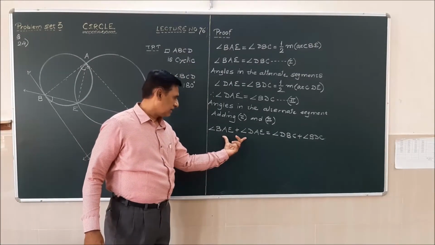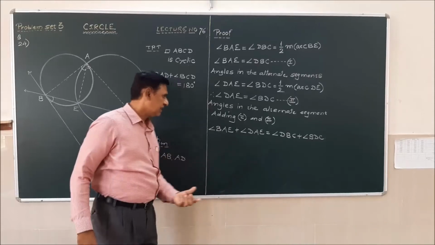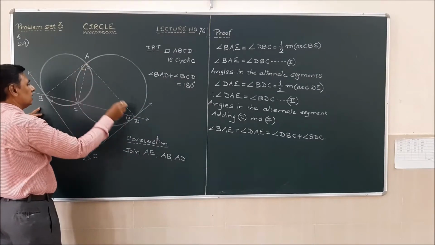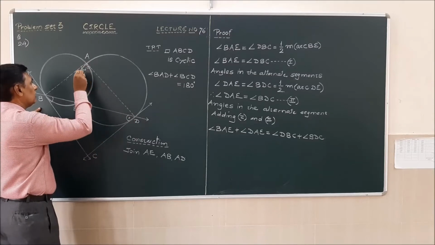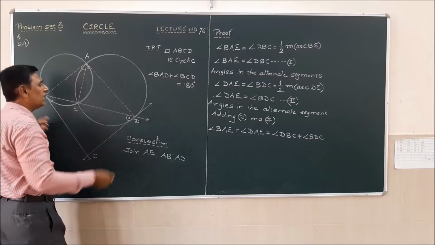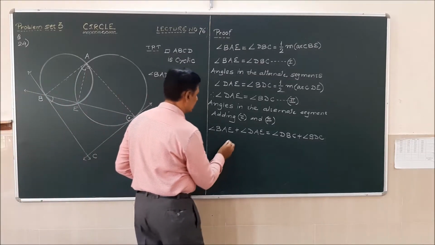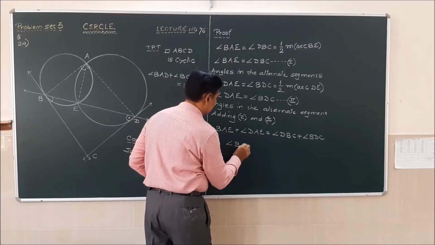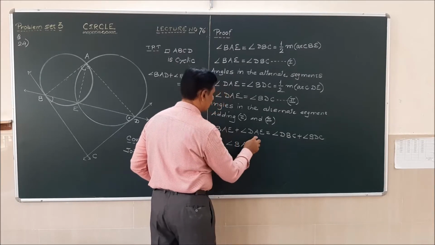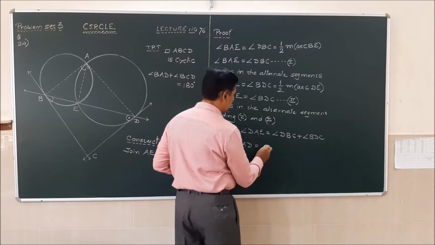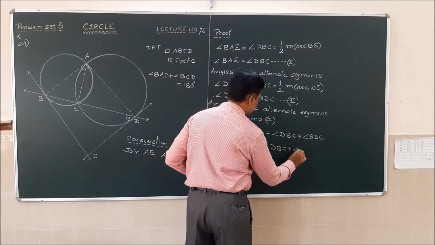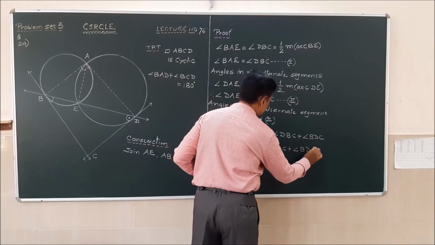But if you look at this, BAE plus DAE, if we add these two angles, you will be getting the entire angle BAD. So angle BAD is equal to the sum of these two: angle BAD is equal to angle DBC plus angle BDC.